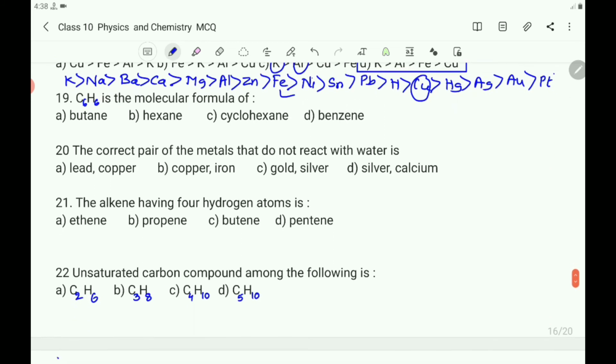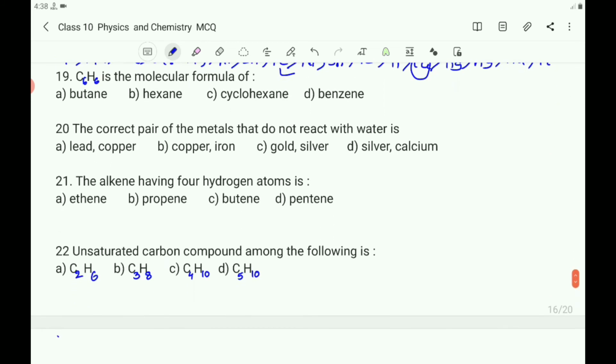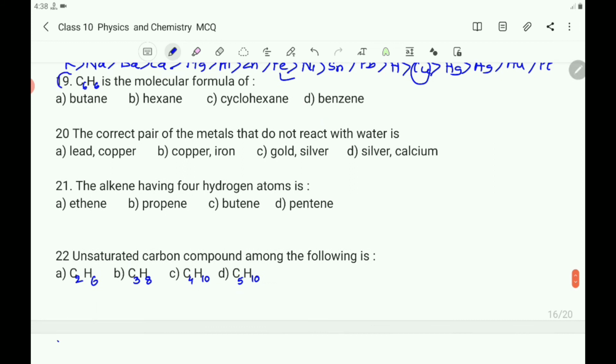Next, let us take the 19th question. What is that 19th question? C6H6 is the molecular formula of butane, hexane, cyclohexane, or benzene. Here C6 is there, which means hex. But hexane is an alkane.